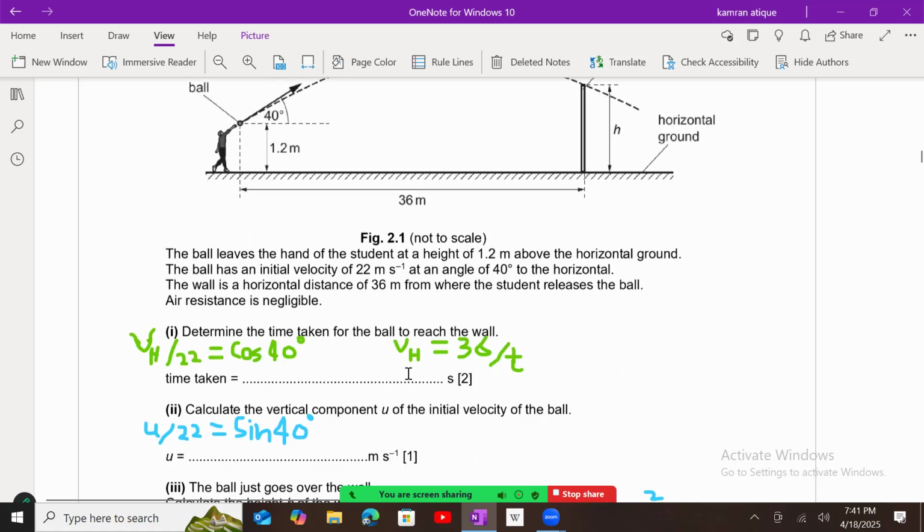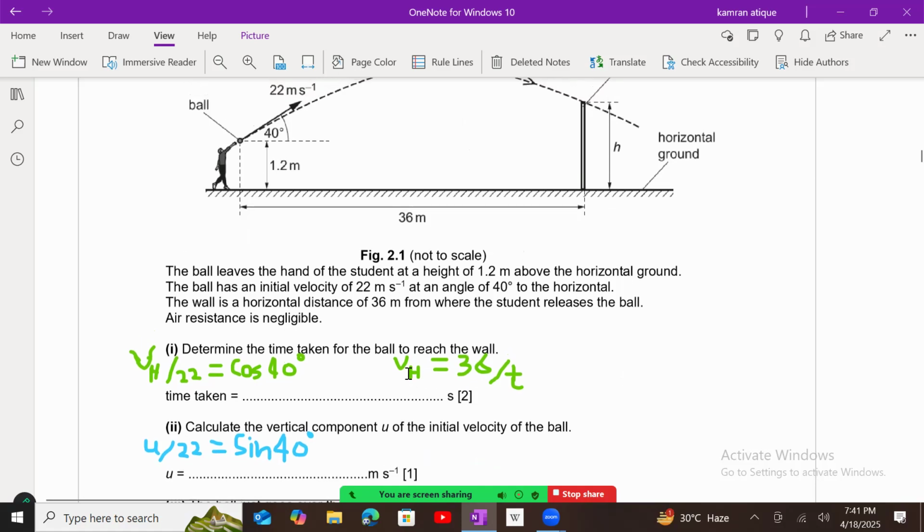As you can see, the horizontal velocity equals the distance, which is 36 meters here, the horizontal distance, divided by time. Time needs to be calculated. Simply, you can see that VH equals 36 over time in the horizontal direction.